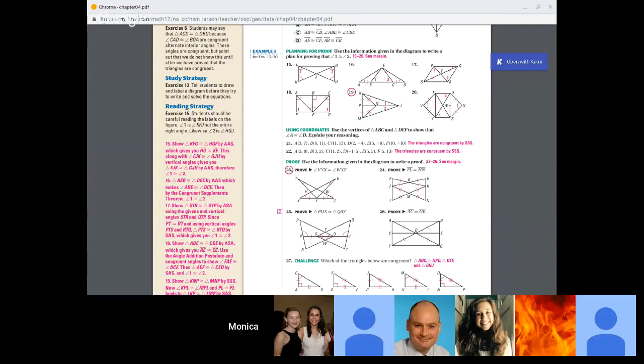And then CPCTC lets you show that angle 1 and 2 are congruent. So it's just following the diagram, looking at it to see what you can tell just by looking at it, and writing that out. It's less formal than a 2-column proof.